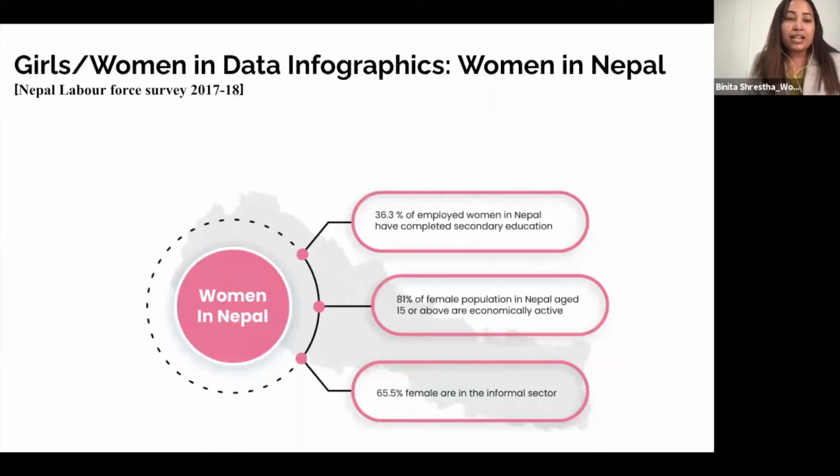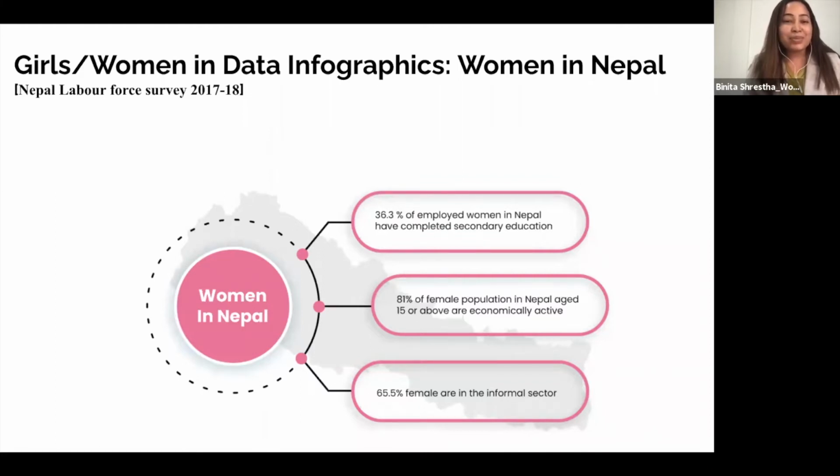So let's look at the women in data infographics. As per Nepal Labor Survey data, this infographic shows that only 36.3% of employed women have secondary education. 81% of females above working age are economically active, which is great data.